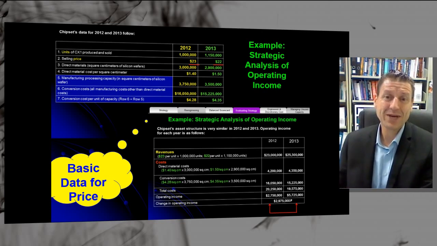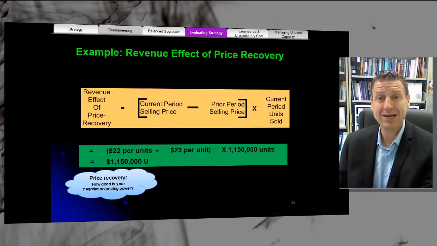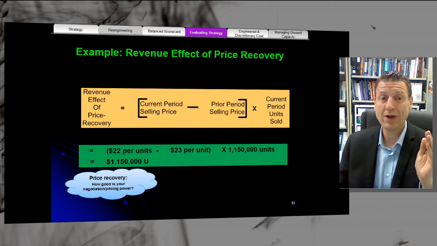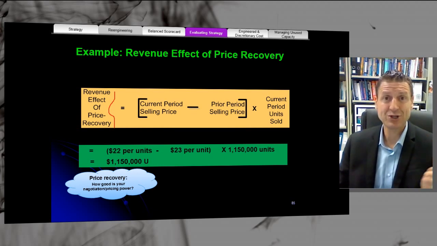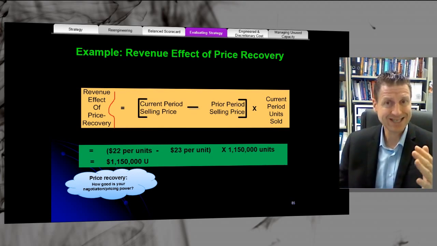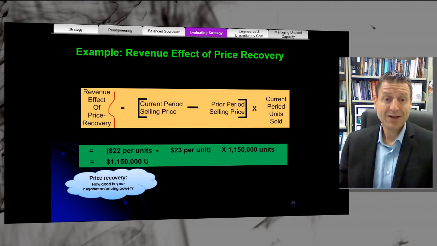So let's have a look at what are the critical ratios we need to calculate for the price recovery component. First of all, we're looking for the revenue effect of price recovery, and basically this is how good is your negotiating power. If you're a really good salesman and you can negotiate better, you can get a better price. So this is the question: how good is your negotiating power?